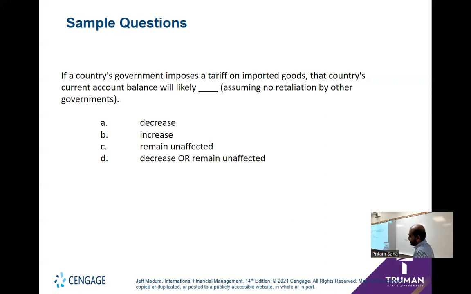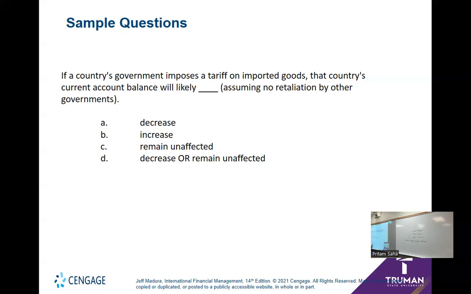Only the net exporter between the US and Mexico would still have an increase, wouldn't they? Because there's still less coming out.